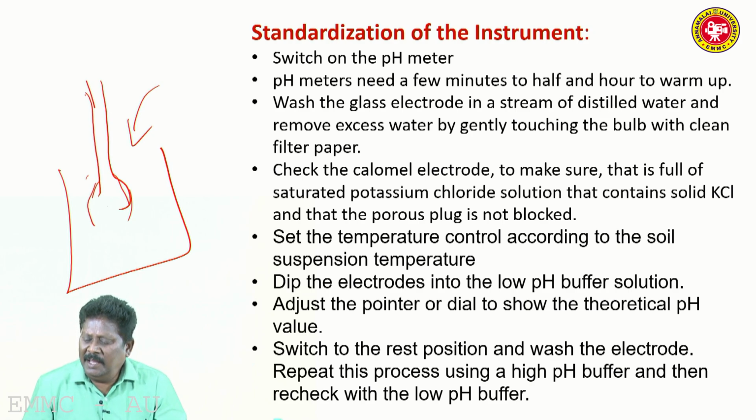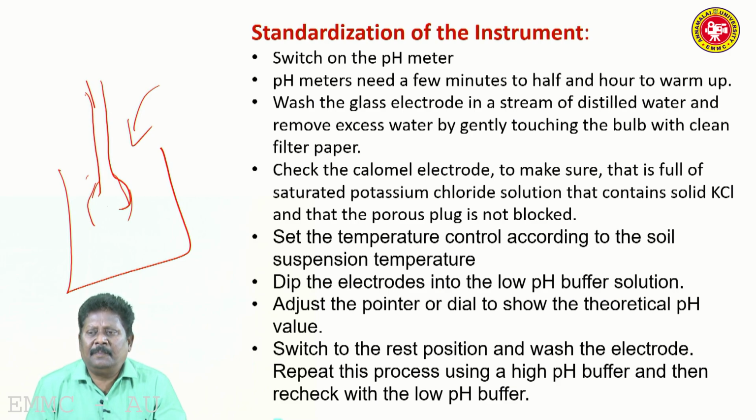I repeat, dip the electrode in the low pH buffer solution and adjust the dial to show the theoretical pH value. That is, when you feed buffer 4, adjust the reading to 4. Then switch to the rest position. After adjusting the reading to 4, bring the knob to the rest position. Then wash the electrode and remove the excess moisture outside by wiping with filter paper.